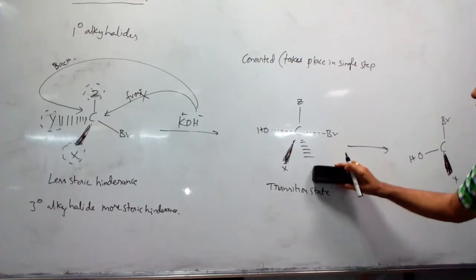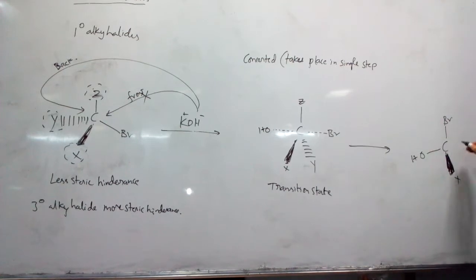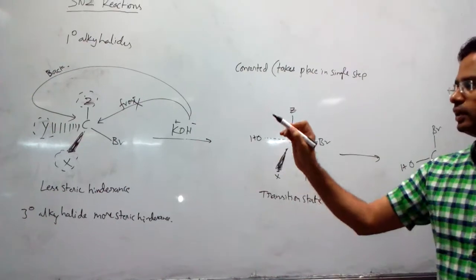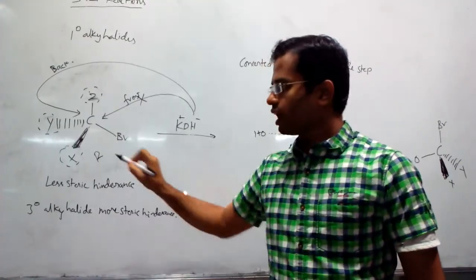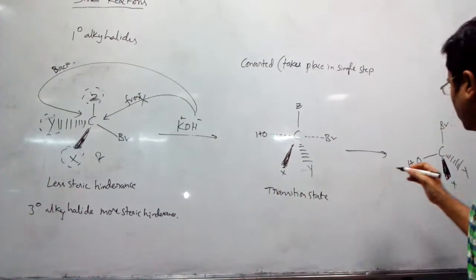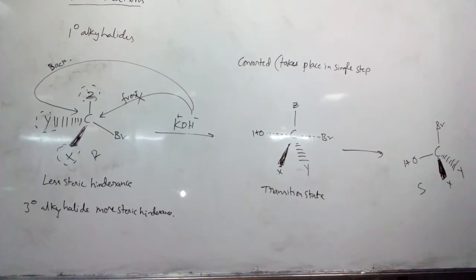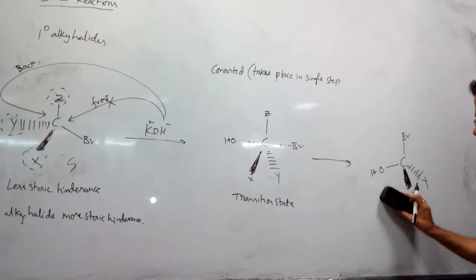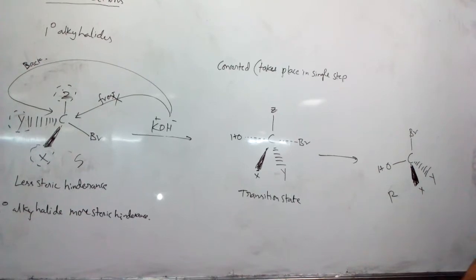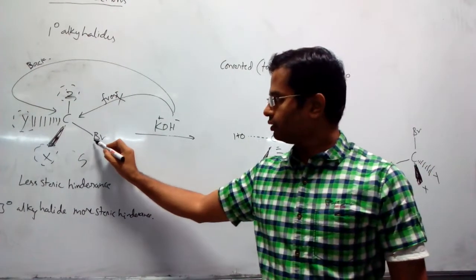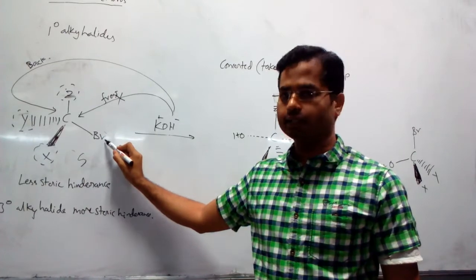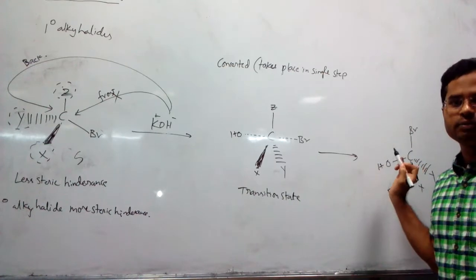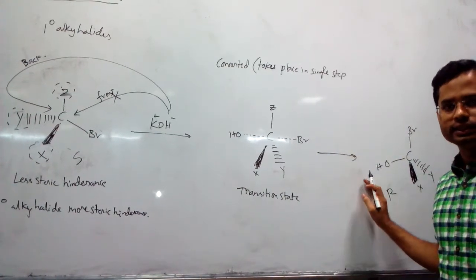Sorry, here this one is Y. If this molecule is R configured, this molecule will be S. If this molecule is S configured, this molecule will be R. But note, when the priority of this bromine is highest in this molecule, this OH priority should also be in first place, then only this configuration changes.